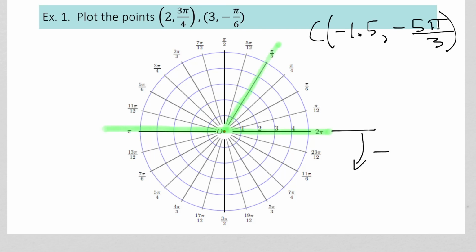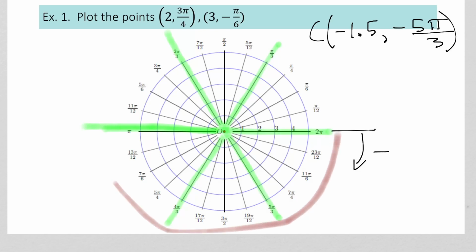Every 4 markings I've got a third line, 2/3, 3/3, 4/3, 5/3. So if I go in the negative direction, negative 5/3, I'm going to be here. This would be 1, 2, 3, 4, 5. So that's going to be my angle, negative 5 pi over 3.